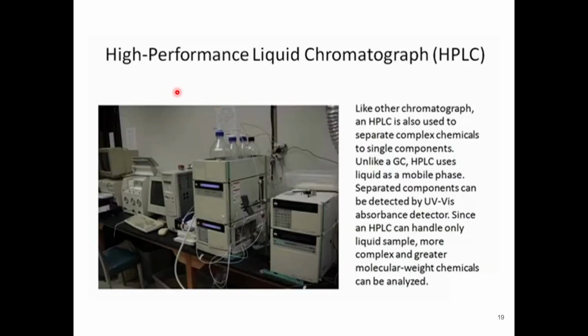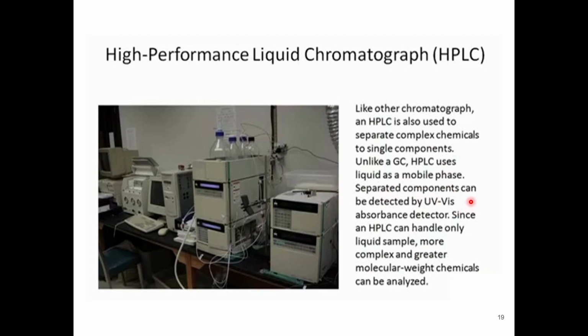One more technique is the high performance liquid chromatograph, or HPLC. Like other chromatographs, an HPLC is used to separate complex chemicals into single components. Unlike a GC, which as the name suggests uses gas as a mobile phase, HPLC uses liquid as a mobile phase.